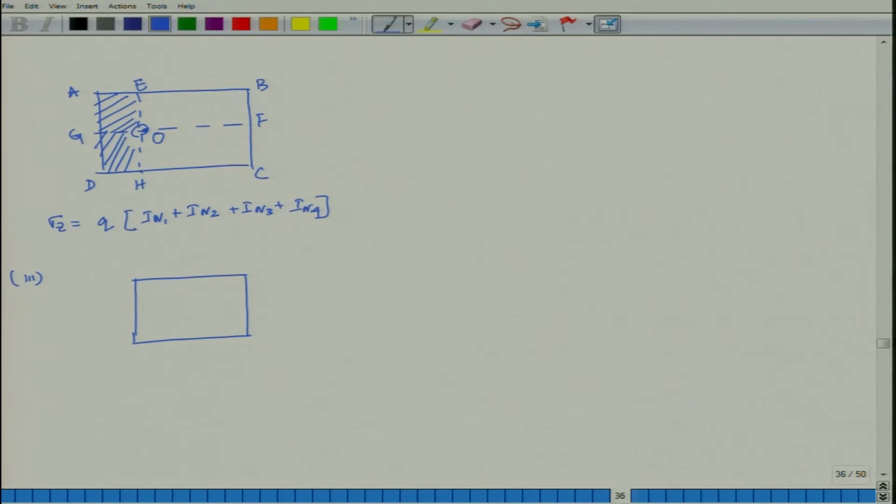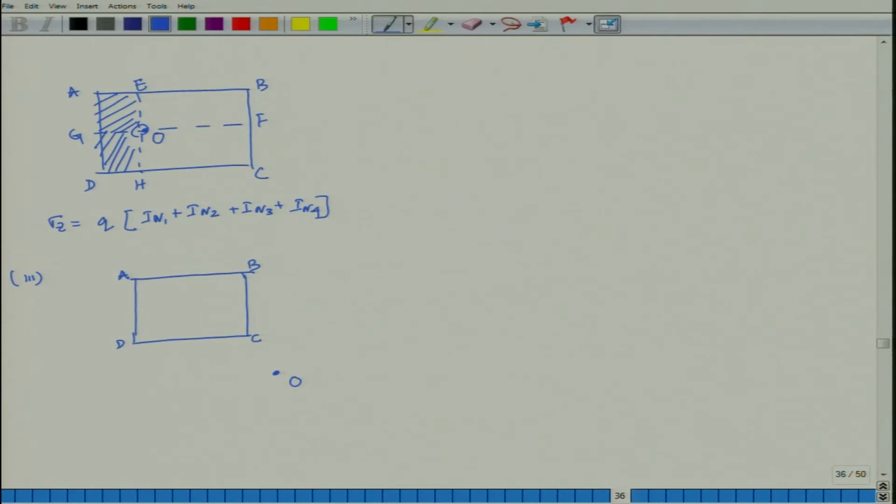This is your rectangular loaded area and this will be A, B, C and D. Originally, this is my area, A, B, C, D, and it has been asked to find the stress at some point O which is outside your rectangular area.